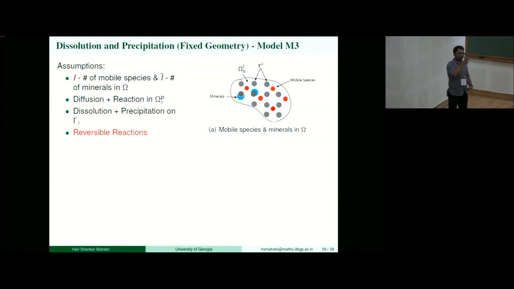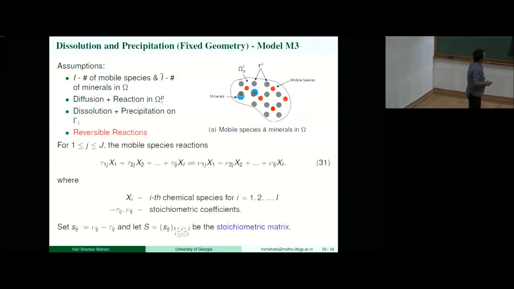The reaction amongst the mobile species is reversible, and at the same time, so are precipitation and dissolution. When the chemical species are reacting at the surface, you have precipitation, but at the same time, the substance present on the interface can dissolve and give you the mobile species. So both precipitation and dissolution are assumed to be reversible in this case.